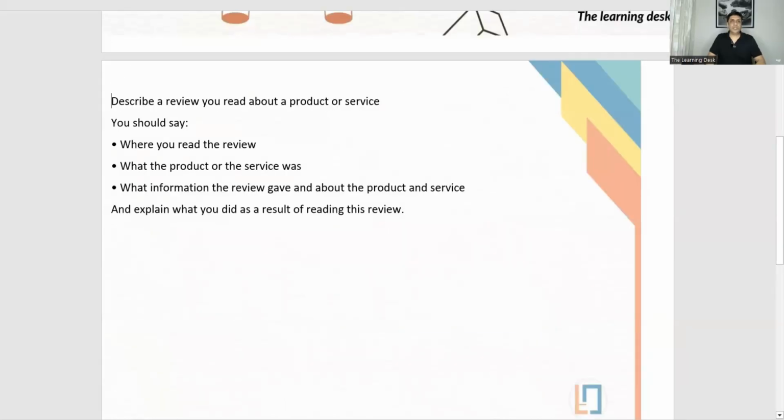So what do you think? What all did you cover? Where you read the review? What this product or service was? So you covered what the product or service was. Where you read the review was partially covered, or you touched upon it very briefly that you got the review.